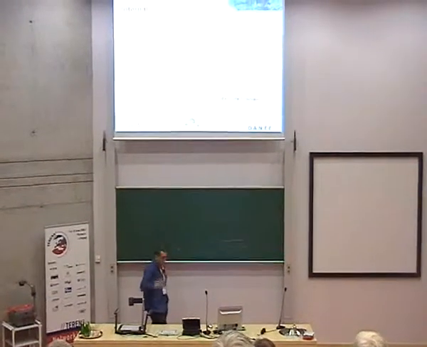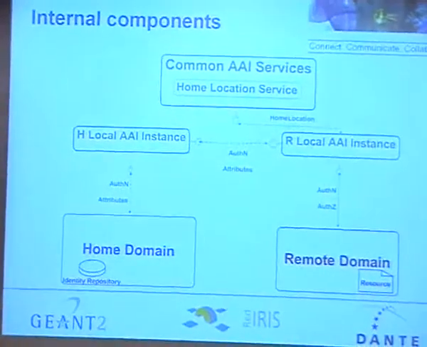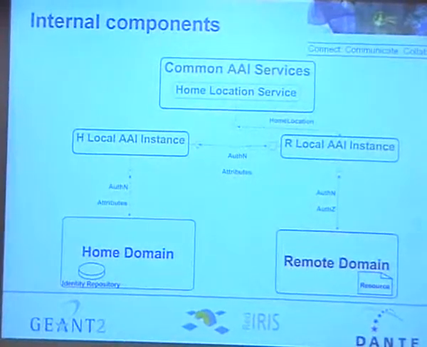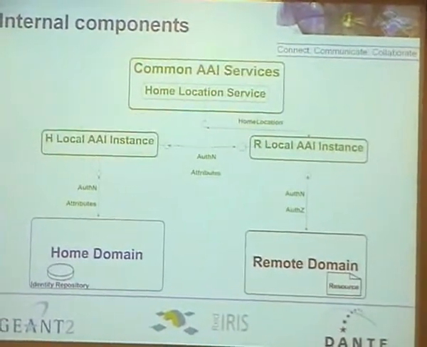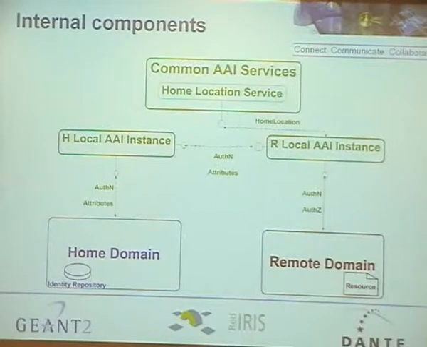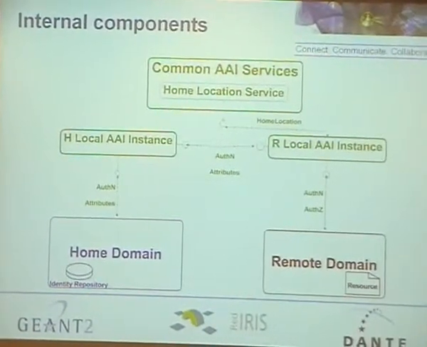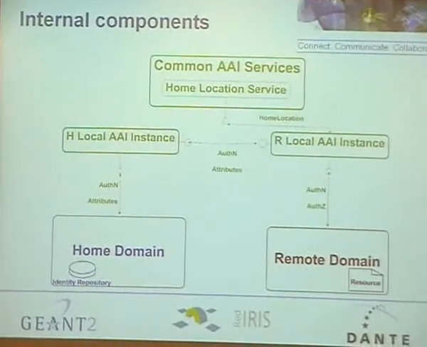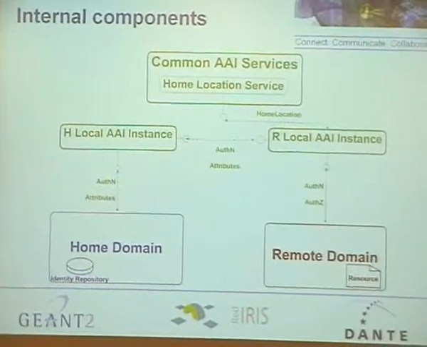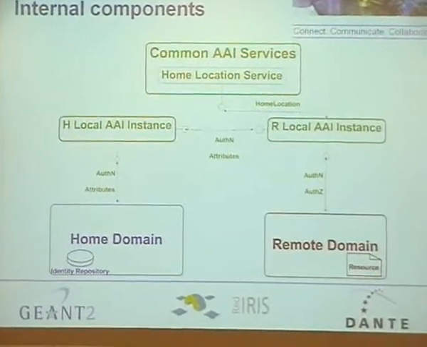You can see here the general relationships among the different parts. On the red side there is a remote domain, where there is a resource which is going to be accessed. On the left, the home domain, where there is some identity repository holding data about the user who wants to access it. The user need not be a physical person; we could even talk about an application wanting to do some calculation on a resource in the remote domain.